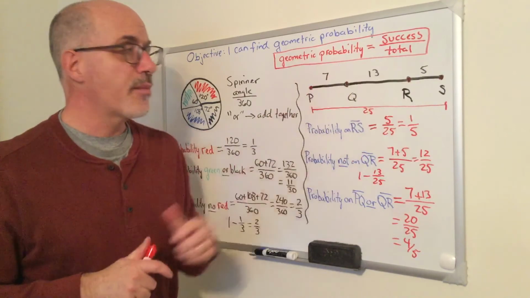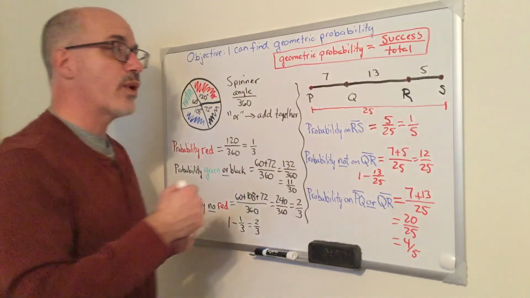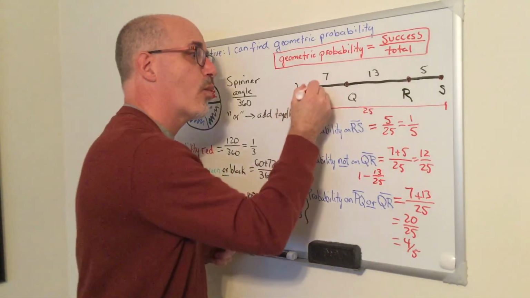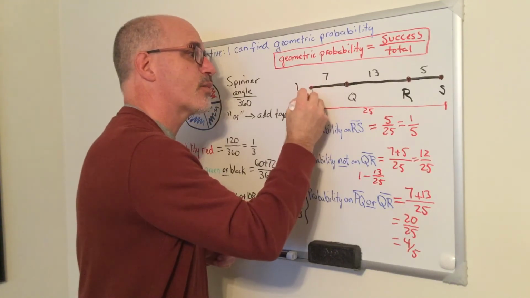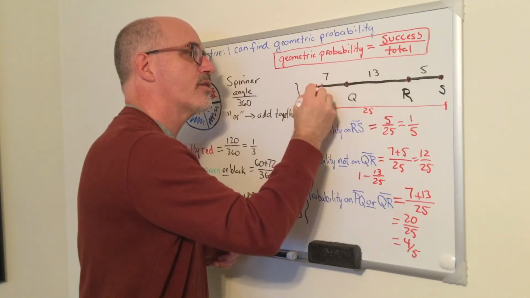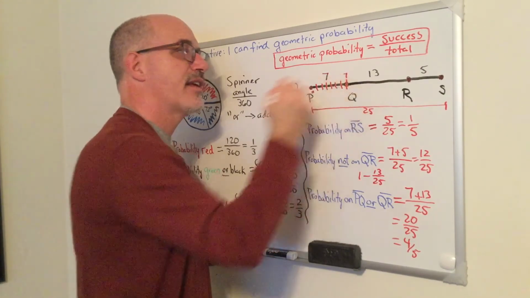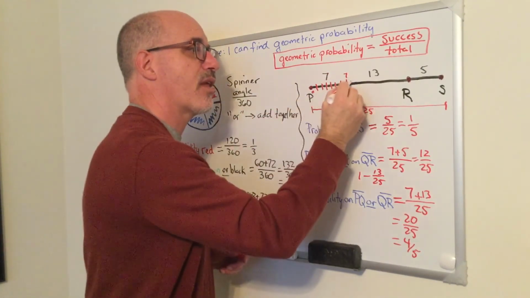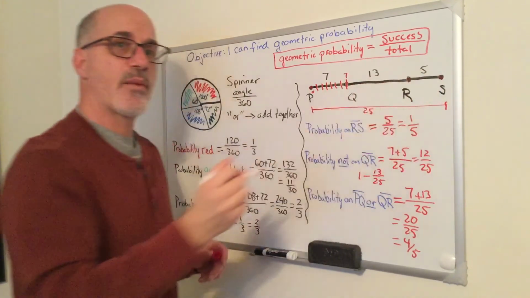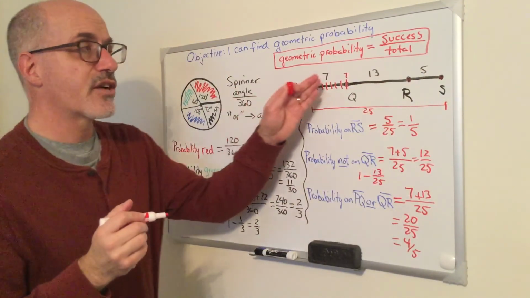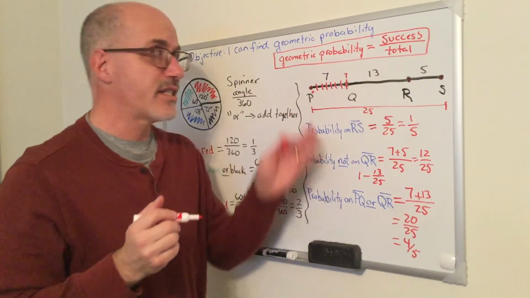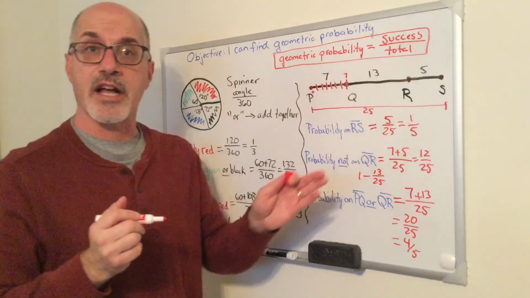On this problem also, it could be listed with number lines. Like if I went ahead and labeled this off and this were 0 and I went 1, 2, 3, 4, 5, 6, 7, I could label it with a number line and do the rest of it that way too. The only difference there is you would have to count values to see how much it is between the dots.